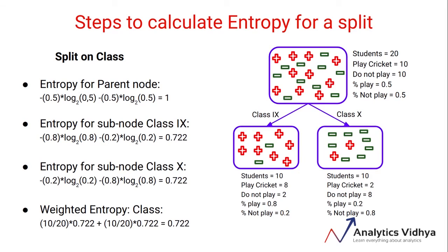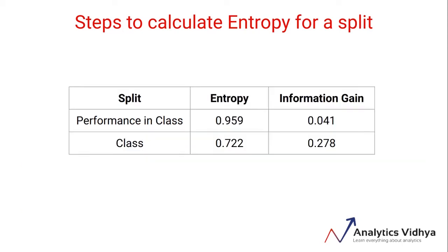Take a pen and paper, plug in these values into the entropy formula we saw and compare them with these results. The weighted entropy for the split on the class variable comes out to be 0.722. Now we will compare the entropies of two splits, which are 0.959 for split on performance in class and 0.722 for the split on the class variable.